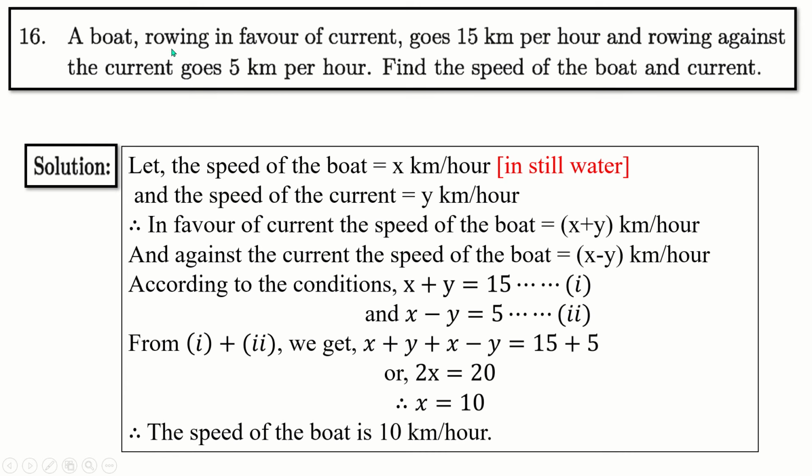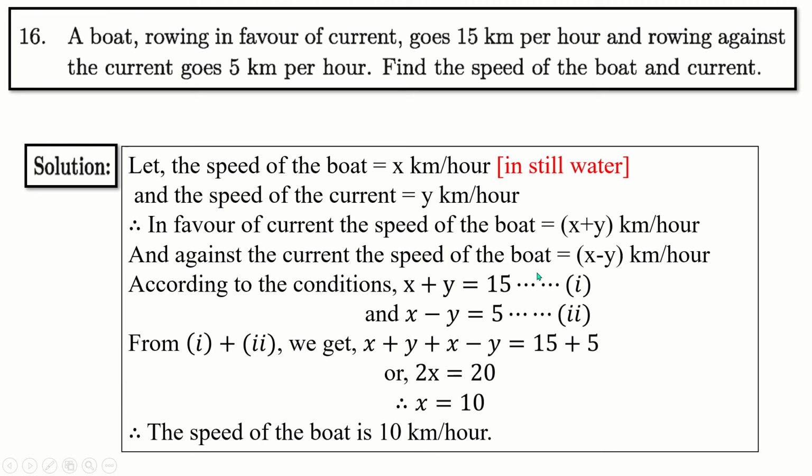Again, the speed of the current is y kilometer per hour. Here two conditions are given: one in favor of the current and another against the current. So in favor of the current the speed of the boat will be x plus y kilometer per hour. Against the current the speed of the boat will be x minus y kilometer per hour.